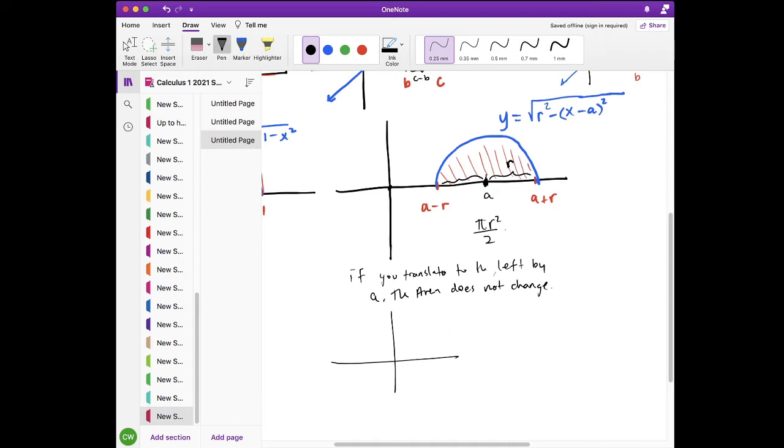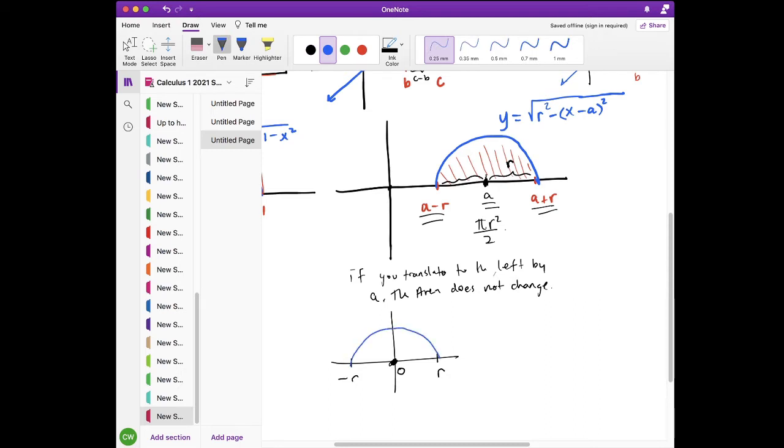You take all the x values and subtract a, right? So the center becomes the origin. A plus r just becomes r, and a minus r becomes minus r. And the semicircle shifts along with it.